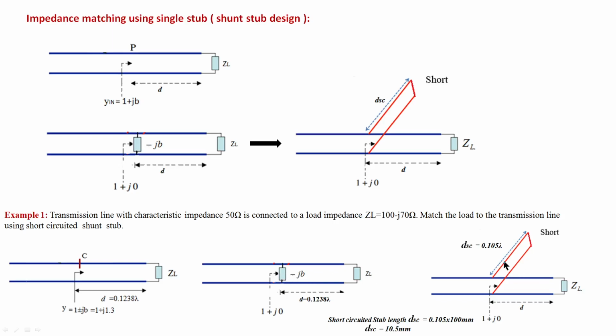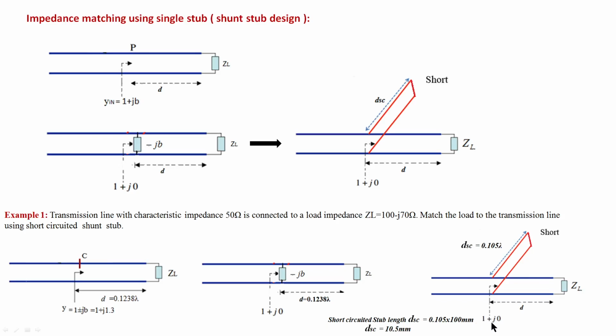It is implemented using a stub, a particular piece of transmission line whose input impedance is minus 1.3. So that cancels the existing plus 1.3, leaving your admittance equal to y equal to 1.